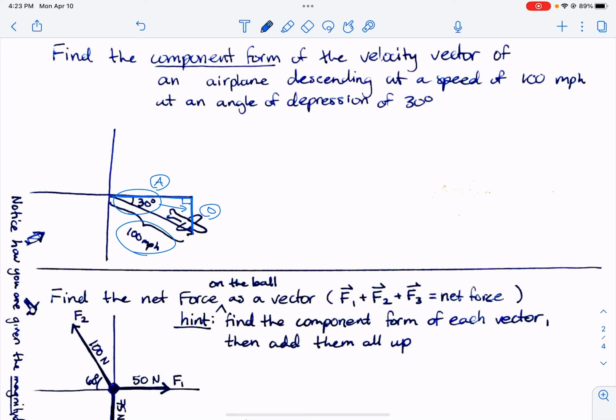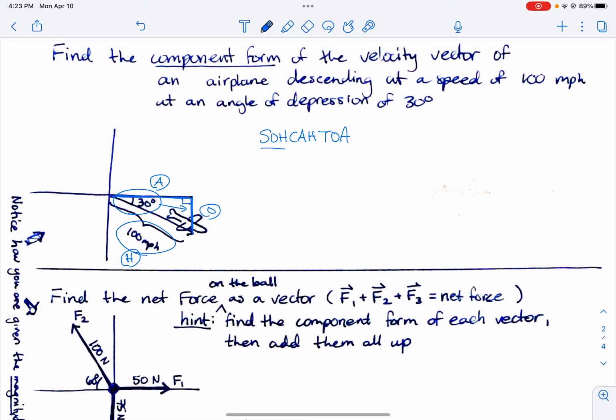This is my adjacent. That's my hypotenuse. And so I can find the opposite and the adjacent, and guess what? Those are my components. That's how vectors work. So I want to find opposite and adjacent. Well, again, go back to SOHCAHTOA. It's probably the most important skill in all of pre-calculus, if you can use SOHCAHTOA.